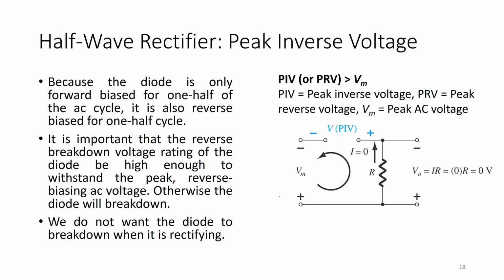So we're going to do a KVL here, but how do we indicate what the voltage here is? The negative terminal, we'll put as positive for the PIV, and the positive terminal is negative. So this is the PIV, and I'm going to do a KVL around here.